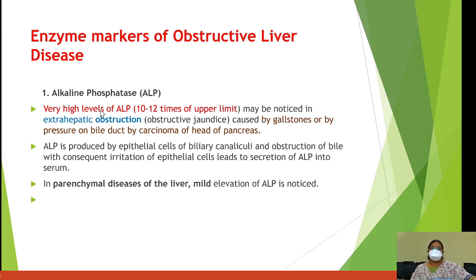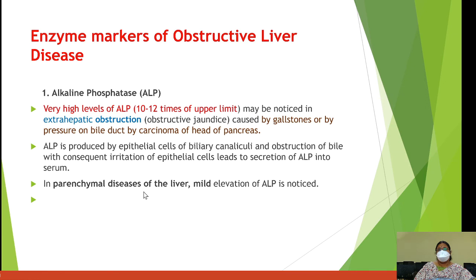So that is why in obstructive jaundice, ALP value increases to very high levels. Due to obstruction, there will be irritation of the epithelial cells leading to increased secretion of ALP.